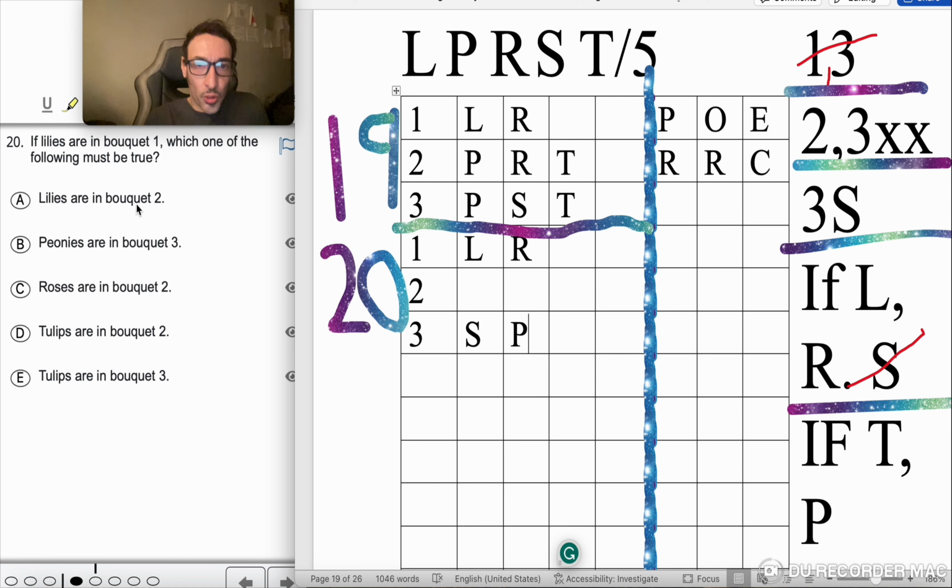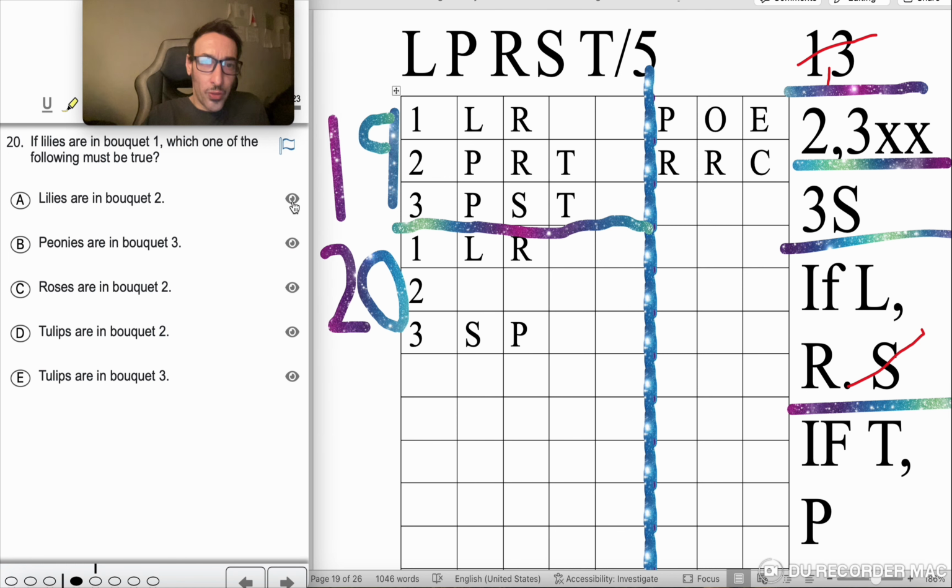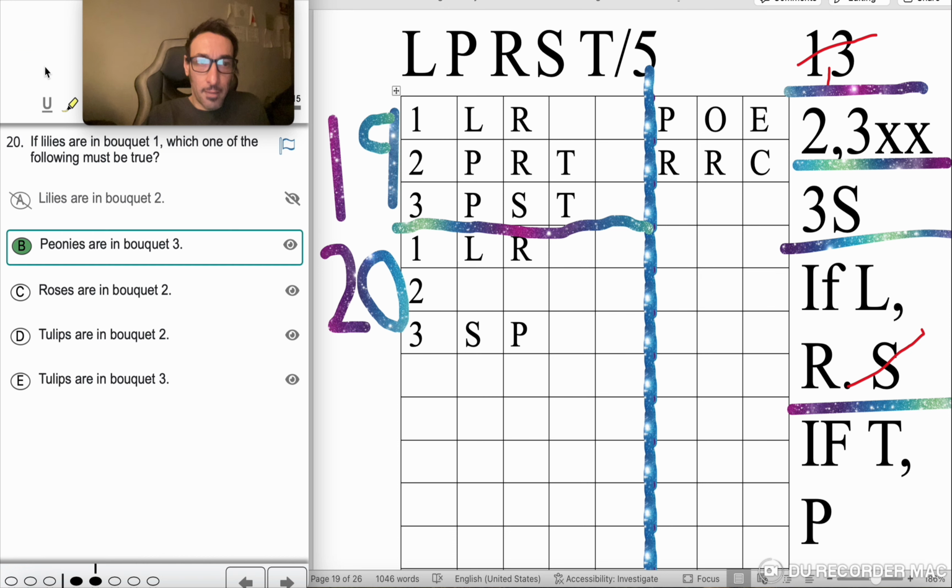Which of the following must be true? L, R in bouquet 2. And if you notice, in the middle it says R in bouquet 2 for the same. So it's going to be quicker to go L and 2. If you see it, you see it. If you don't, I just eliminate. I do see P in 3 for both worlds. So I'm going to select answer B, P, R in bouquet 3.